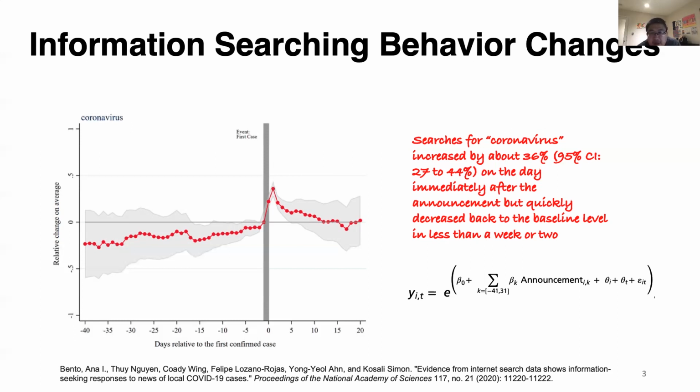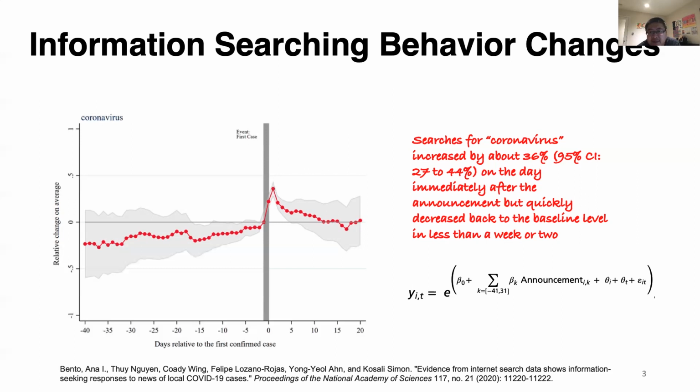The standard errors allow for heterogeneity and clustering at the state level, and the Poisson coefficient confidence intervals are shown here for the 40 days leading up to the first case announcement and up to the 24 days following it.